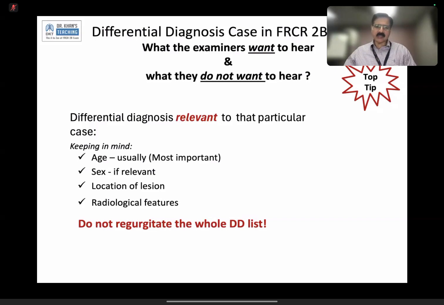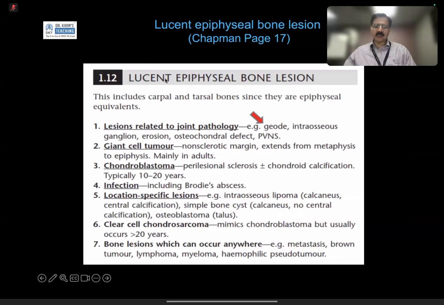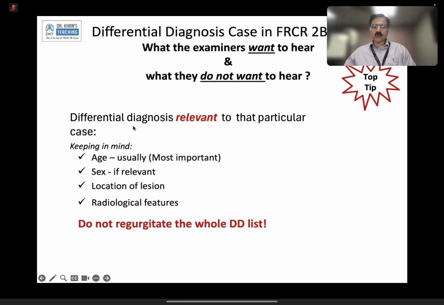For example, in this particular case, there is a list in Chapman, which is lucent epiphyseal bone lesions. So you should remember the list. Then the key point is that you have to tell the examiner the relevant differential diagnosis, keeping in mind the age, the location, and the radiological features of the lesion you are seeing.